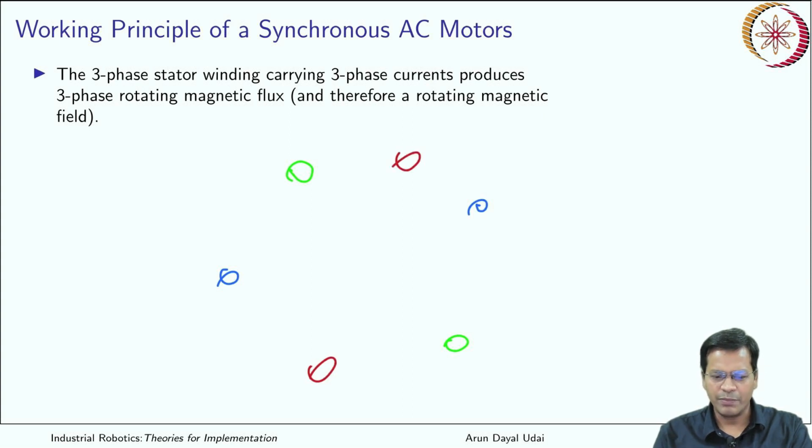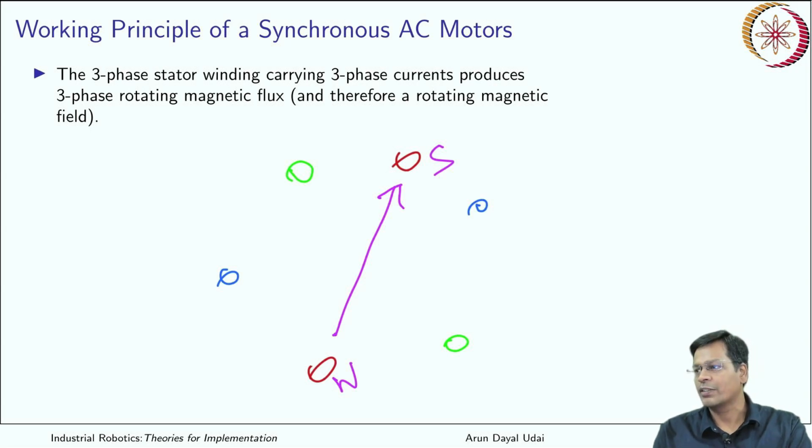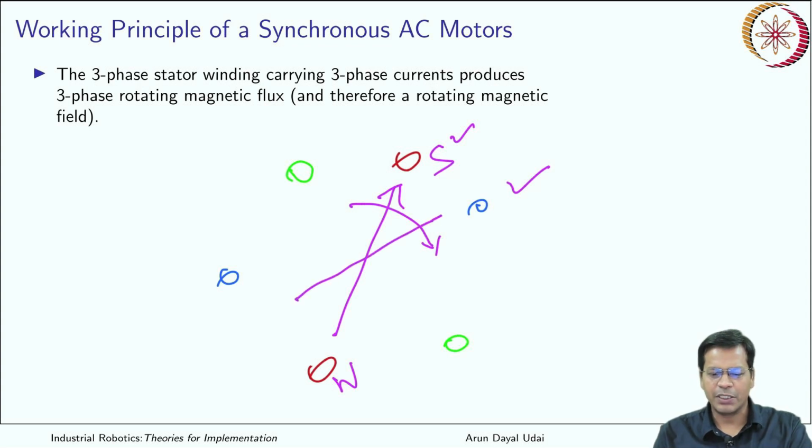Each one of them can be north or south; if one is north, the other one is south. This can create a field which can rotate. Alternatively you can shift the pole from here to here, and your armature keeps on following the rotating magnetic field.